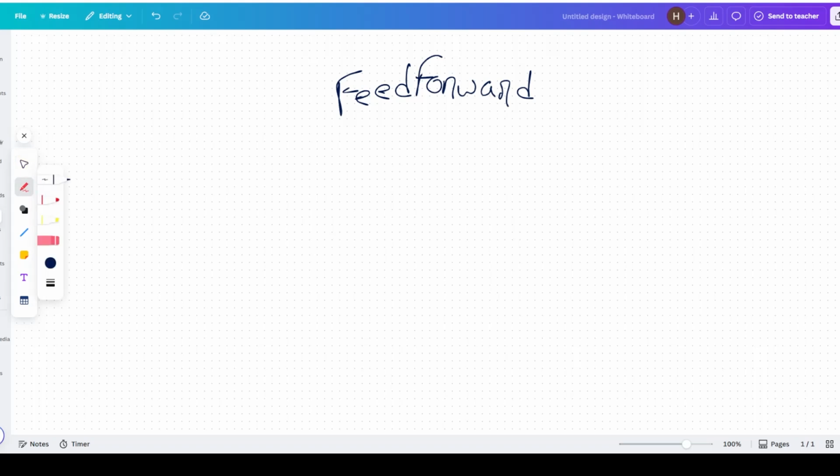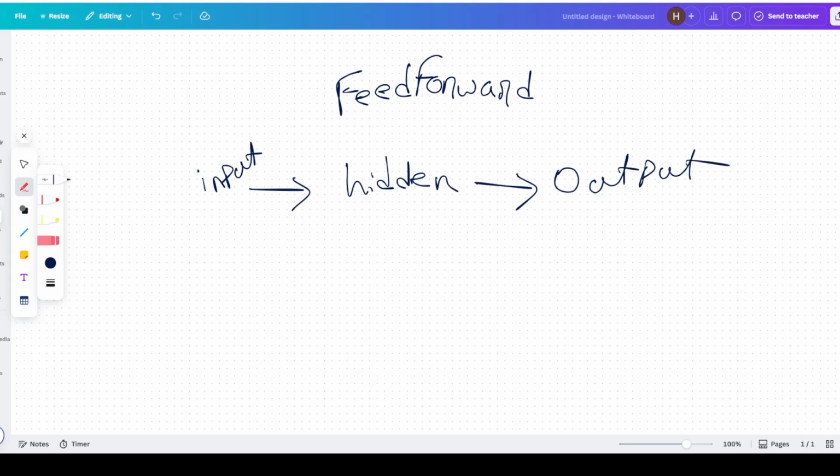Information flows in just one direction, from input to the hidden layer and then the output. Each neuron in a layer is connected to all neurons in the next layer. And one of the key principles of feed forward structure is no cycles or backwards connections.